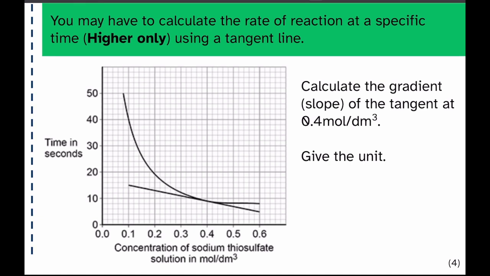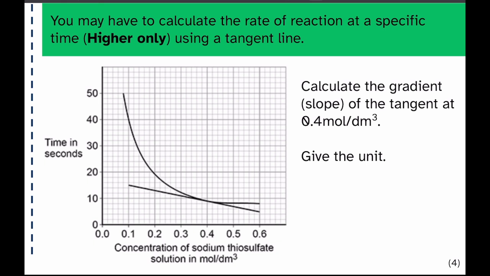And for those studying higher, this is an excellent opportunity for the examiners to get you to use the tangent line. In this case, the exam question has provided the tangent line to us, but you could be asked to draw it yourself. If they want you to give a mean, as in an average rate of reaction over a certain amount of time, then you don't need to draw a tangent line.